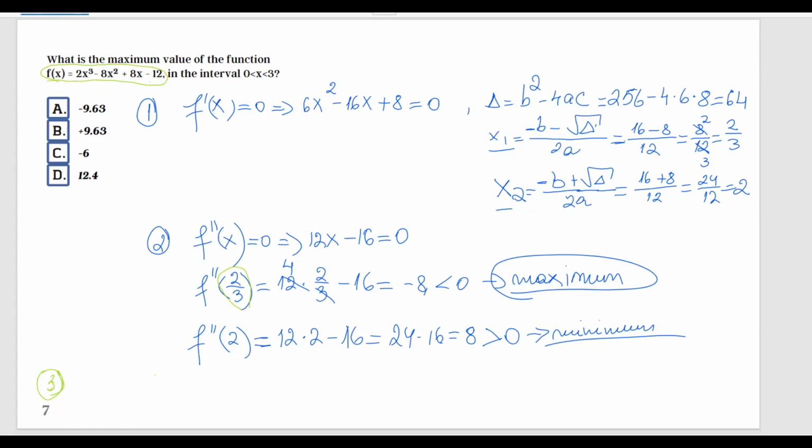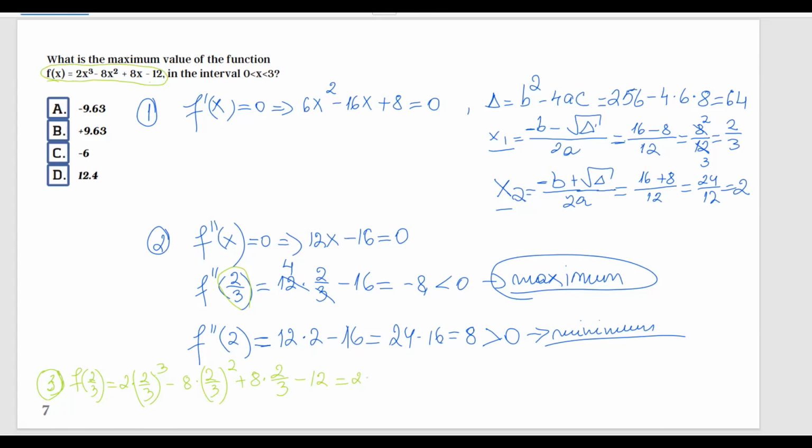Coming here, I'm going to do f of 2/3 equals 2 multiplied by 2/3 to the power 3 minus 8 multiplied by 2/3 to the power 2 plus 8 multiplied by 2/3 minus 12 equals, let's see what this is going to give us.